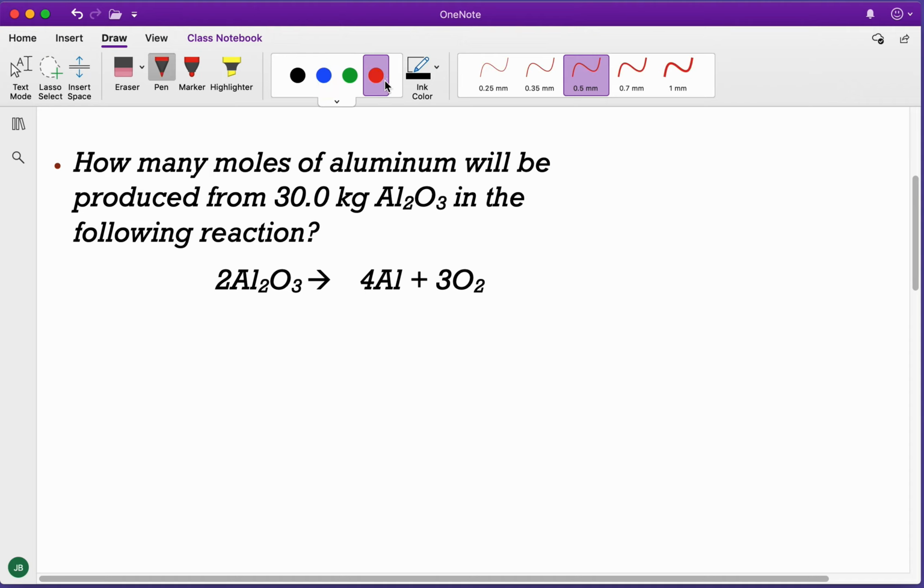So our known is 30.0 kilograms of aluminum oxide. And notice that it's in kilograms. And we need to go ahead and convert that into grams. So that's going to be 30,000 grams.